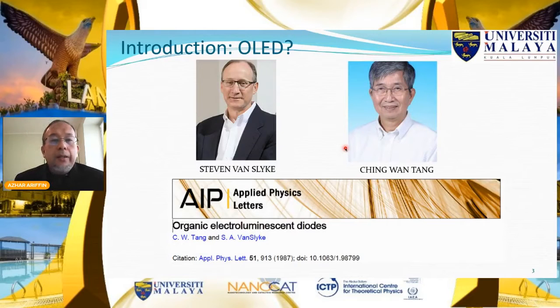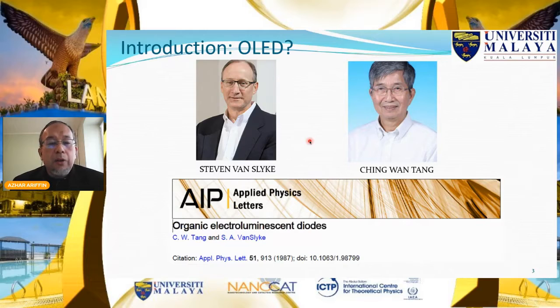This OLED research first came to the attention of researchers in 1987 when these two guys, Steven Van Slyke and Ching Wan Tang, published an article in Applied Physics Letters under the title Organic Electroluminescent Diode.